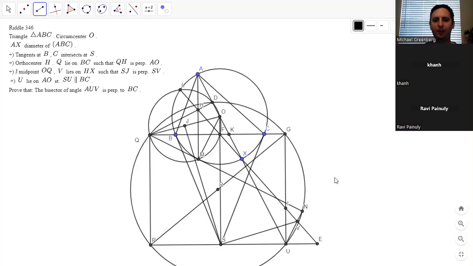So maybe I'm going in circles here. I think I went in circles, but if we show that this is perpendicular, then it does exactly what you said.